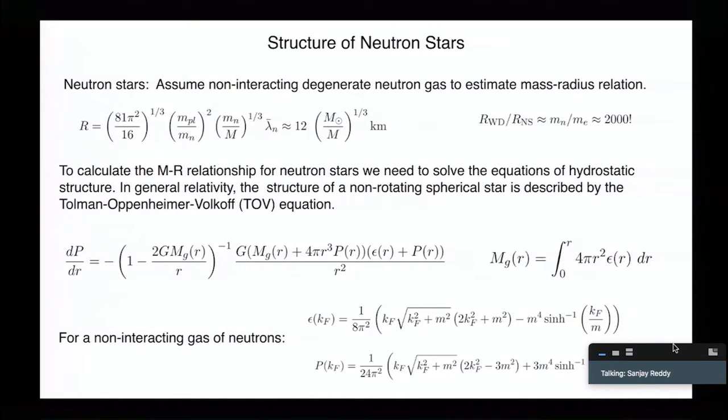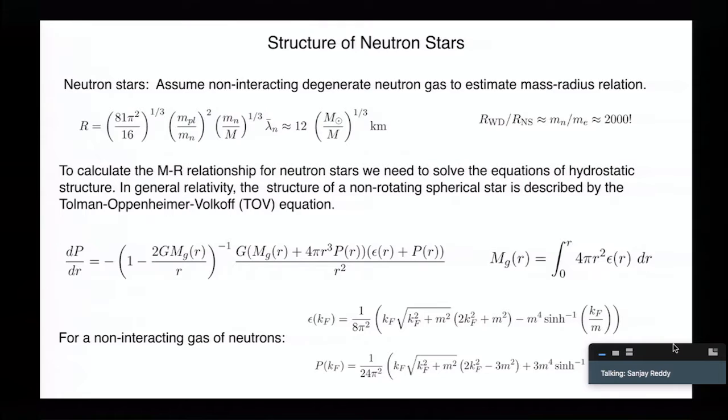And we also discussed that if we want to calculate the structure of neutron stars in some detail, we need to solve the hydrostatic equilibrium of a neutron star. And because neutron stars are very compact, the effects of general relativity need to be accounted for.